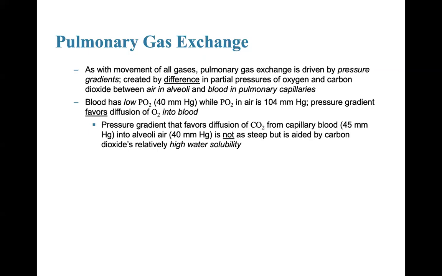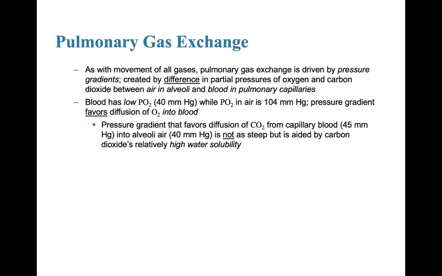The pressure gradient that favors the diffusion of carbon dioxide from the blood in the capillary, which is 45, into alveolar air, which is 40. Now, this is not as steep, but it is aided by carbon dioxide's relatively high solubility in water.